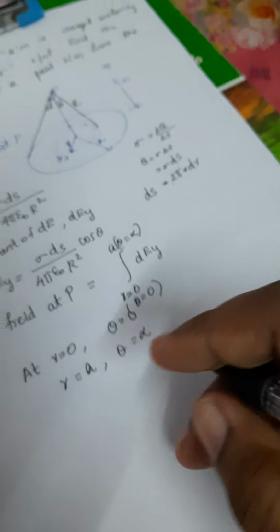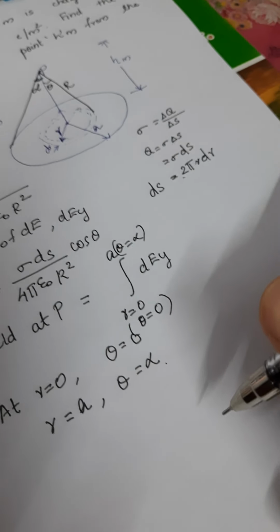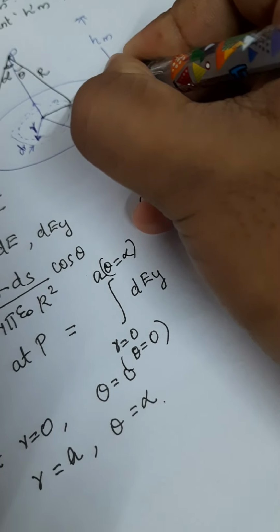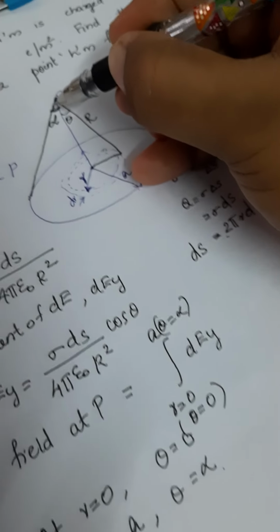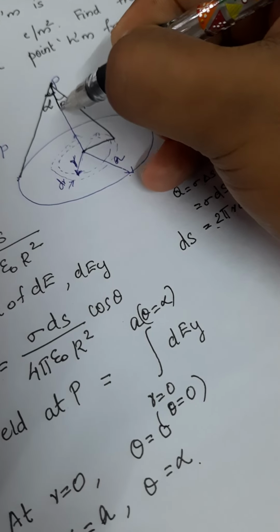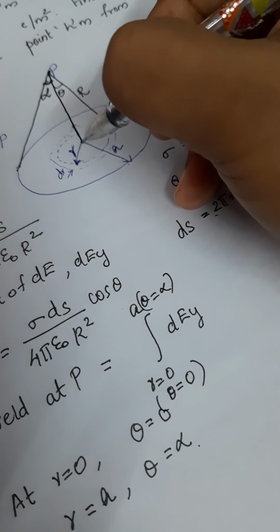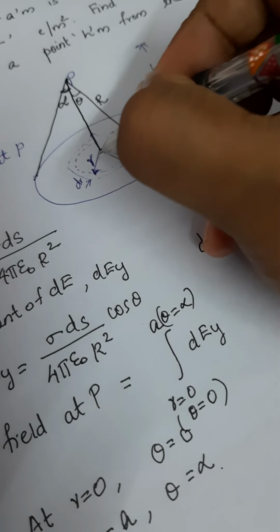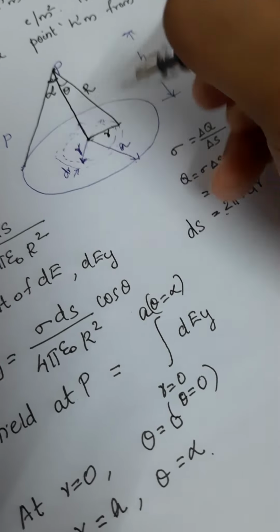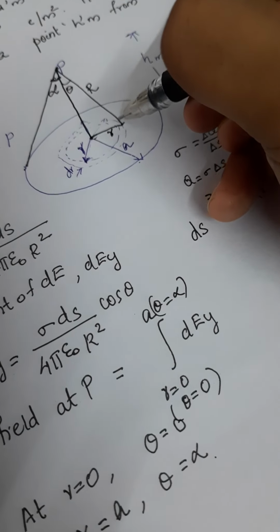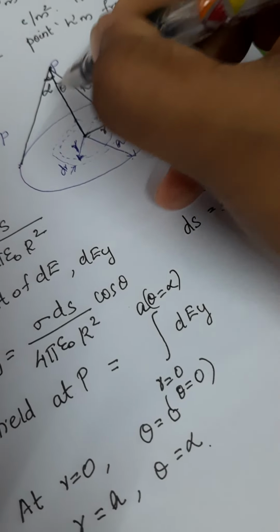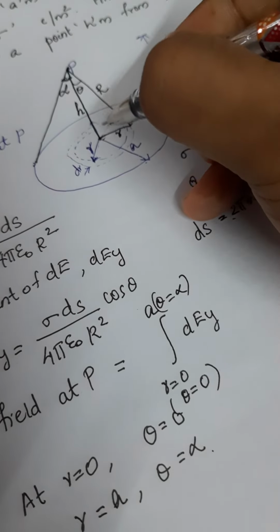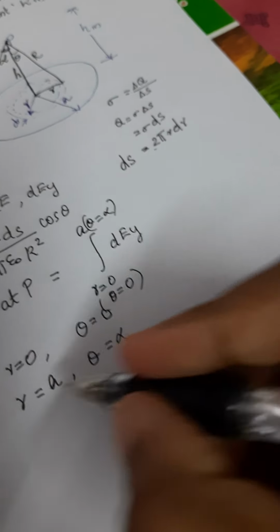Now from this right angle triangle, the sides are this radius r, this distance capital R, and this h. Now if we consider sin theta, what is sin theta?